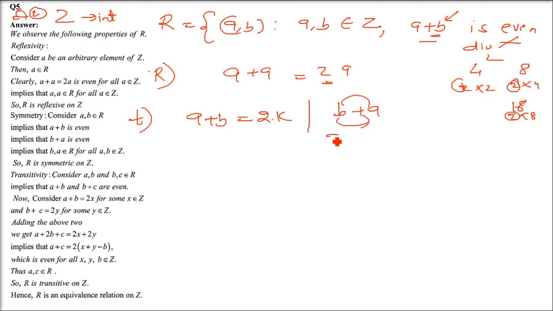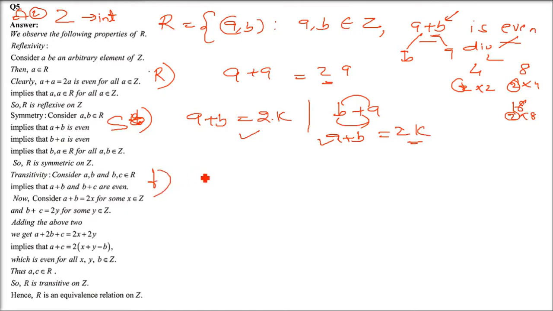So b plus a, just change the positions, you will get a plus b only, and that you can always write as 2k. So a plus b and b plus a both are divisible by 2, or you can say they are even. Multiple of 2. Right? I just replaced a and b and I got that it is even. Now coming to transitive. We already did symmetric.